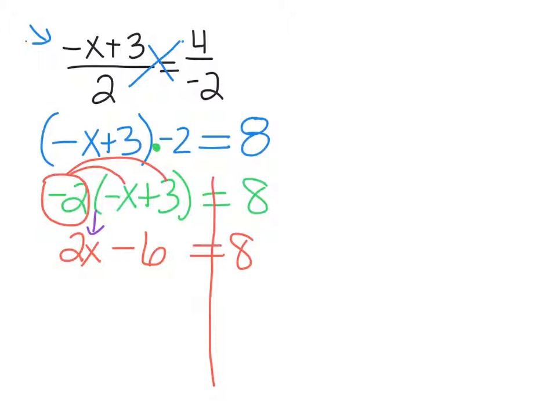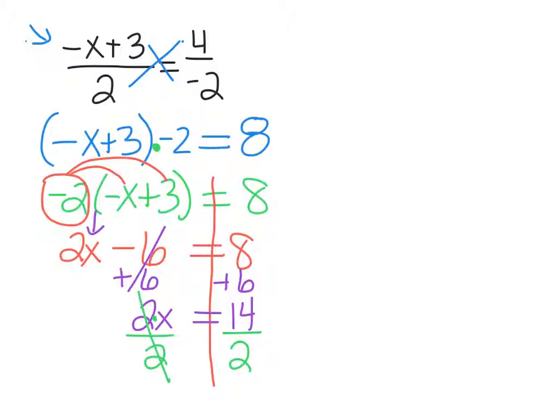The negative 6 is furthest away, so we get rid of that first by adding 6 to both sides. So those cancel, and we get 2x equals, and 8 plus 6 is 14. For the final step, we undo the multiplication by dividing both sides by 2. So these cancel, and we get x equals 14 divided by 2 is 7. So the solution is x equals 7.